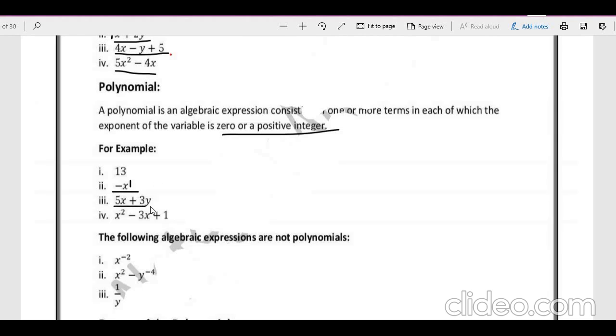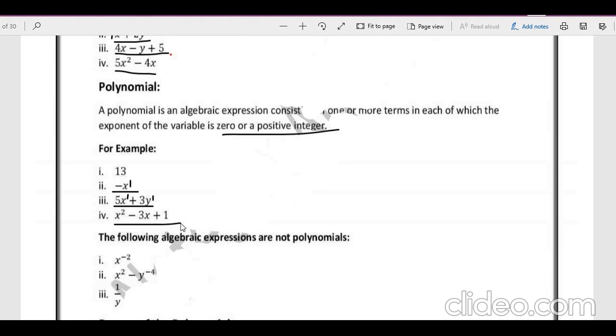In 5x plus 3y, x and y are variables, and the exponent of x is 1 and of y is also 1, positive integers, so this algebraic expression is a polynomial.